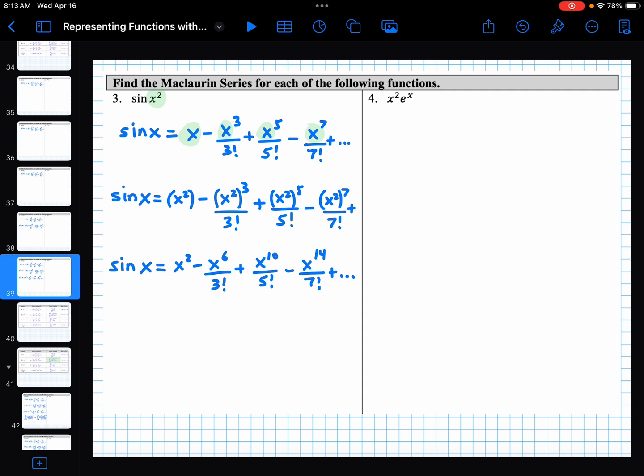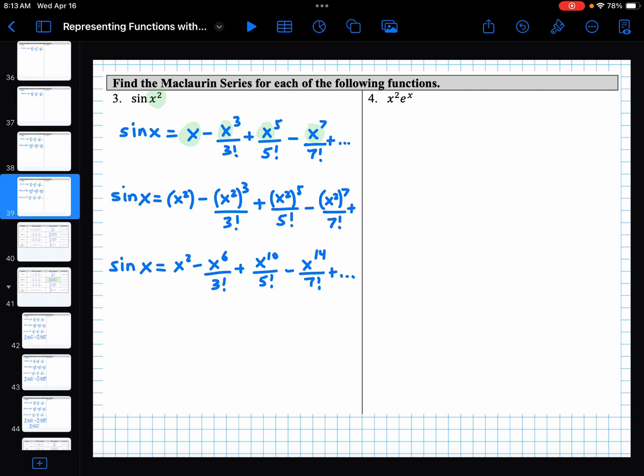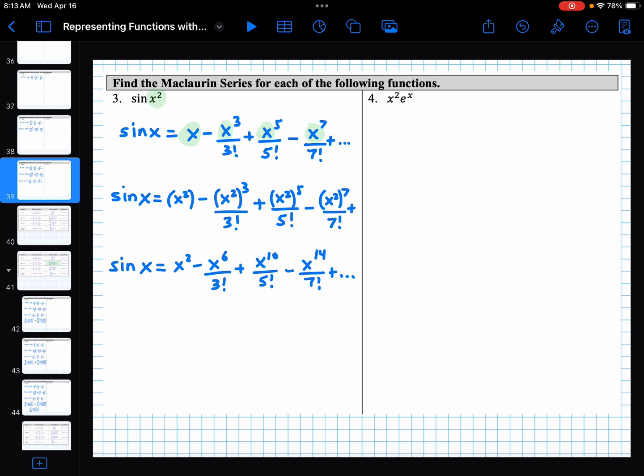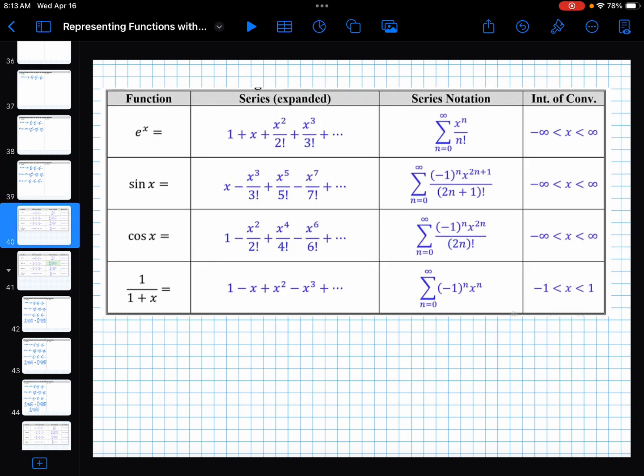Now that's essentially your expanded series. You just need a rule for the nth term. If we can commit that rule to memory, remember you have the alternating -1 to the nth power. These are odd powers of x in the original expansion, so you need x to the 2n plus 1 power, all over 2n plus 1 factorial. Right there it is in the table.